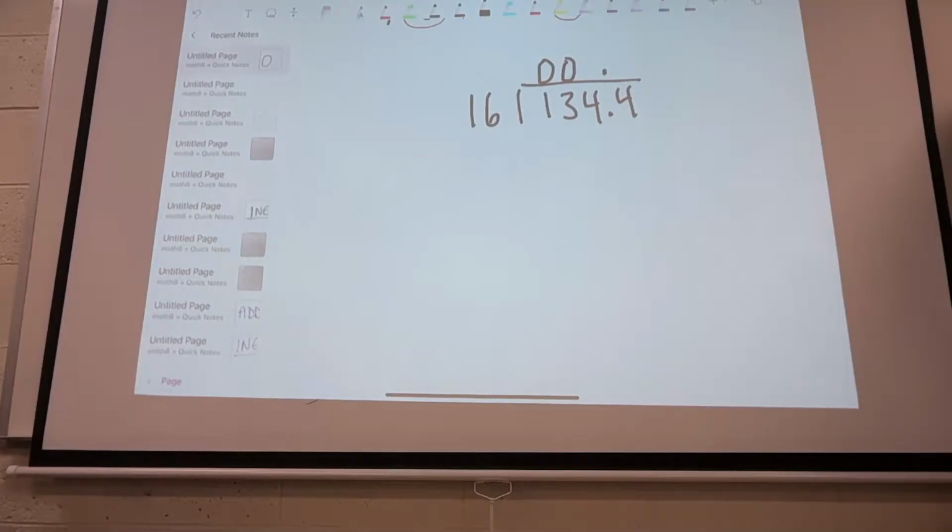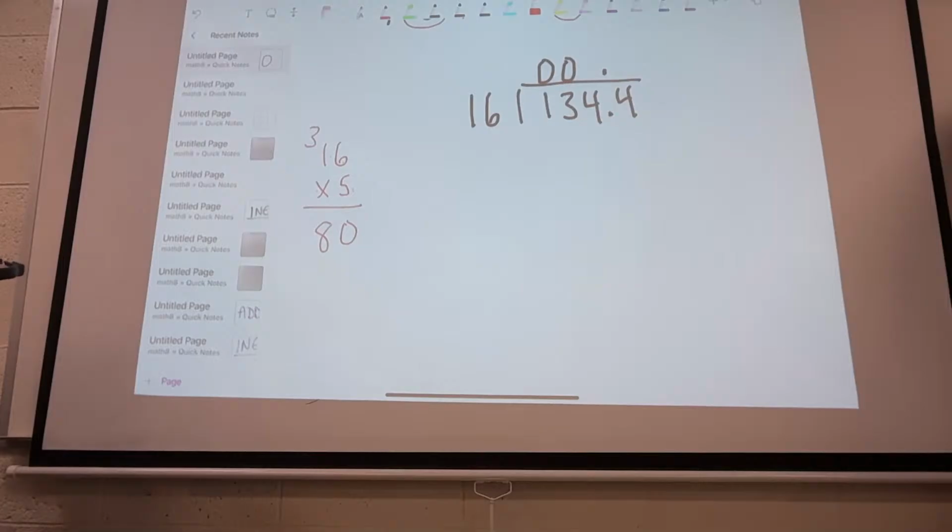So what I have to do is figure out how many times 16 goes into 134. I don't know. So I'm just going to try some multiplication. I'm going to start with 5, because it's right in the middle. 5 times 6 is 30. Carry the 3.